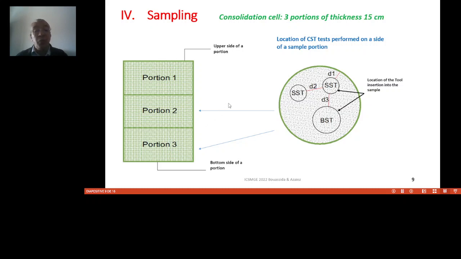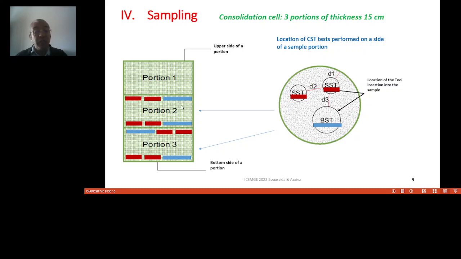And we will show the location of the CST tests we performed on those portions. So, for example, on portion 2, we performed a CST test using the big size tool here, and two using the small size tool, as you can see here in red, and so on.